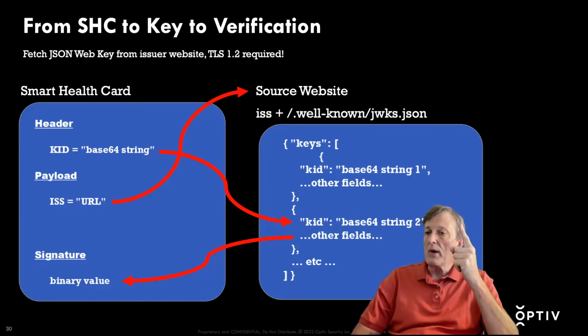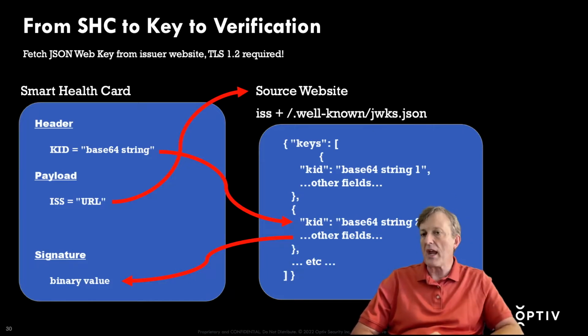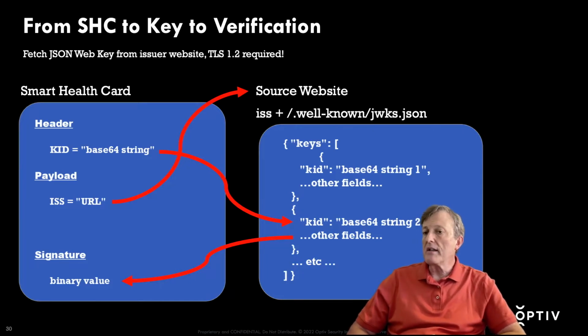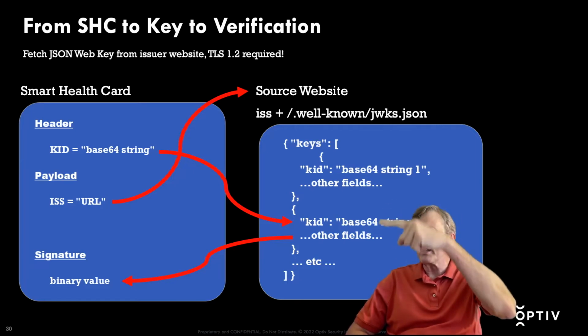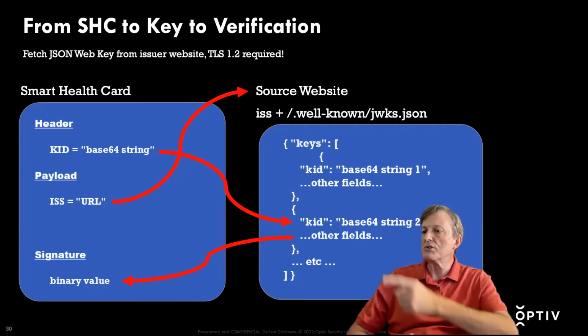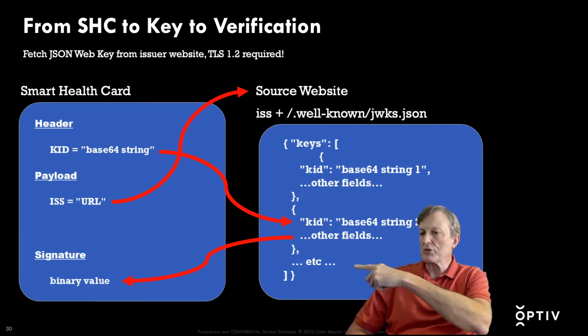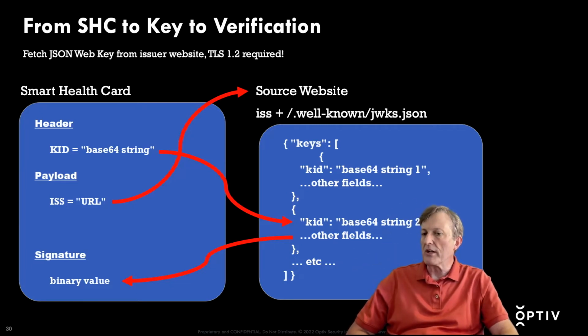And then you add /.well-known/jwks.json, the standard file name that a lot of folks use for JSON Web Keys. And boom, you should find a set of keys, and you look up the one that has the ID that matches, and you use that to do the crypto to match the signature. And that's how you know that that website vouches for that Smart Health card.